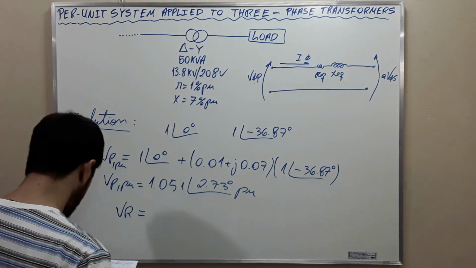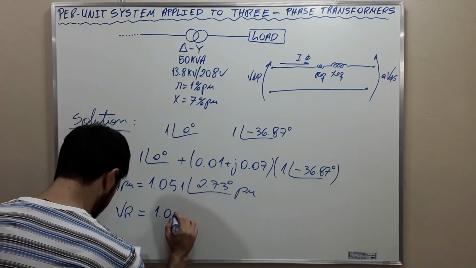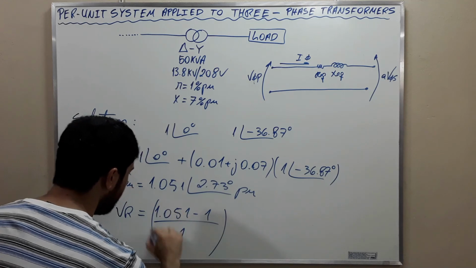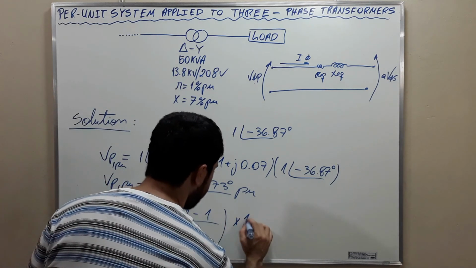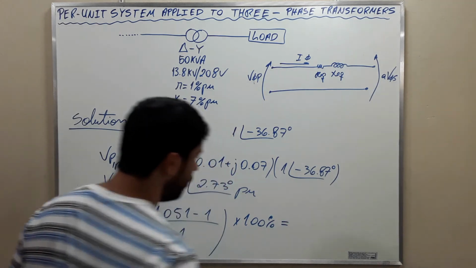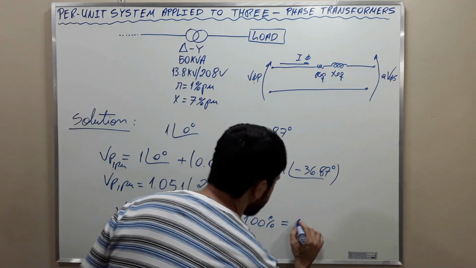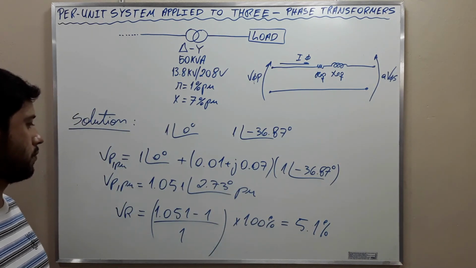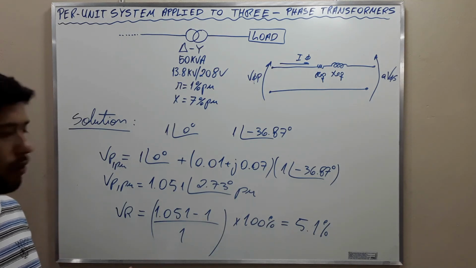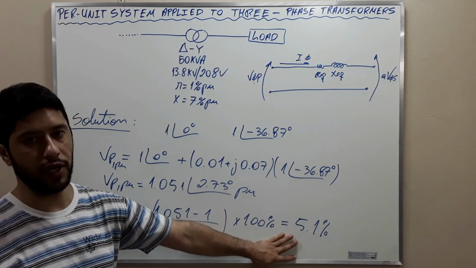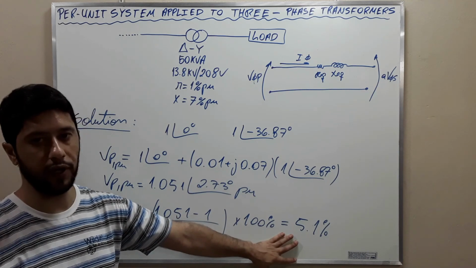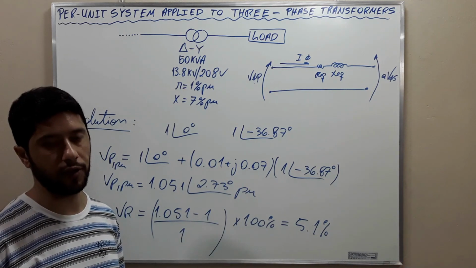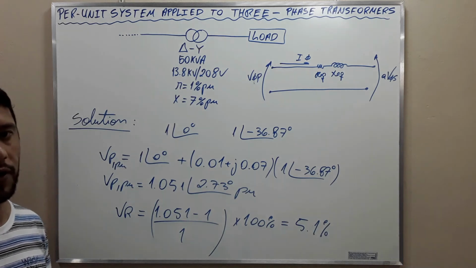Voltage regulation will be 1.051 minus 1 divided by 1 times 100, which is equal to 5.1. Okay? What can we conclude? We can conclude that the calculation for voltage regulation using the per unit system is equal to the calculation without the per unit system when we use the actual values of the variables.